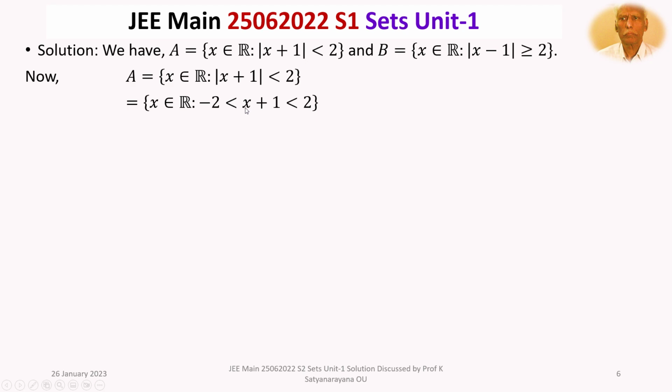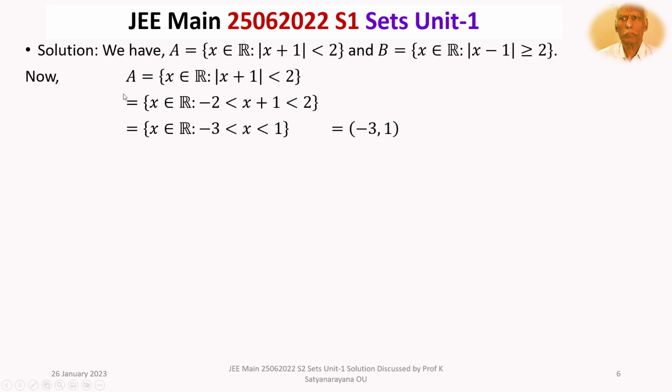Now subtract 1 throughout. Then you will get minus 3 less than x less than 1. That is the open interval from minus 3 to 1.